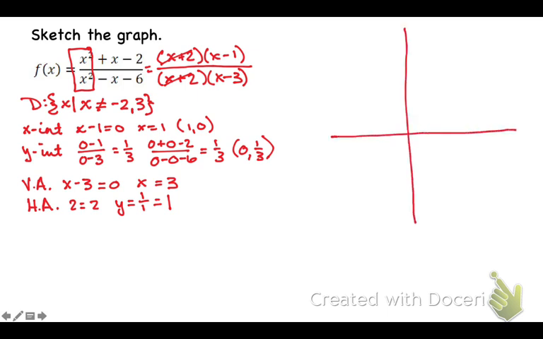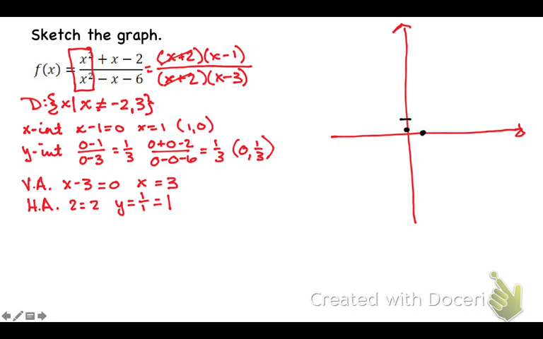So now I'm going to graph what I have so far. I have an x-intercept at 1. I have a y-intercept at 1/3. So somewhere down there.